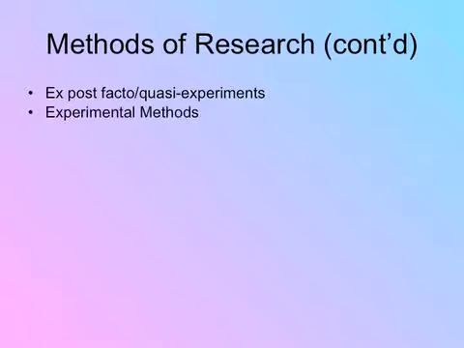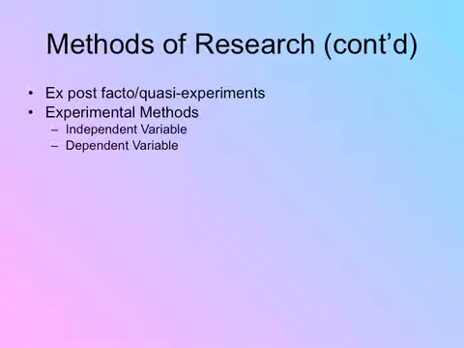Okay, so the experimental method has a lot of new verbiage, so let's get going. When we do an experiment, we have to determine our independent variable and our dependent variable. Our independent variable is just going to be what the researcher changes or manipulates.